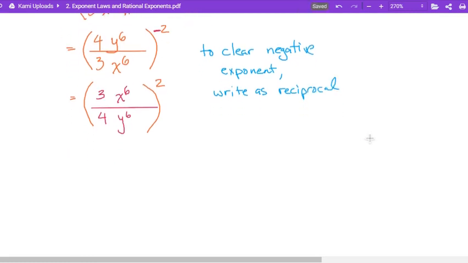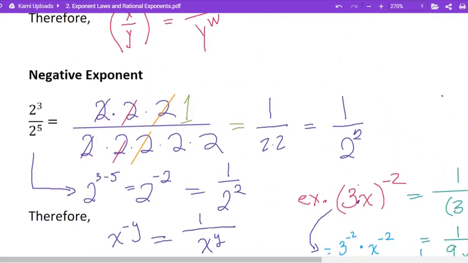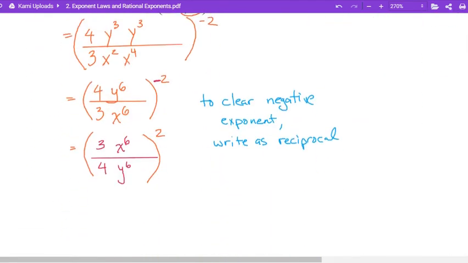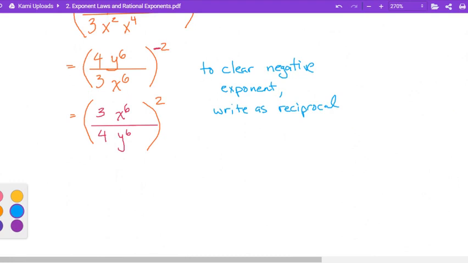Okay, and now the last step for me is to apply the exponent. And this is two rules together. This is power of a quotient and power of a product. But basically, each component, each coefficient, and each variable get the exponent of 2.